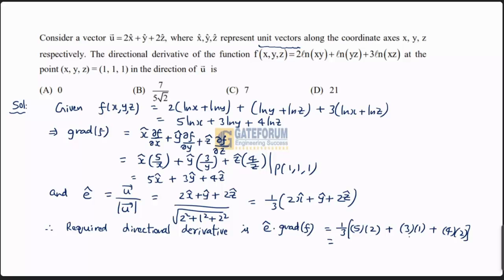So this is 10 plus 3, 13, plus 8, 21 by 3, which is equal to 7. So therefore, option B. Oh, sorry. So the answer is option C. 7 is in option C. So the answer is C. This is the end of the question.